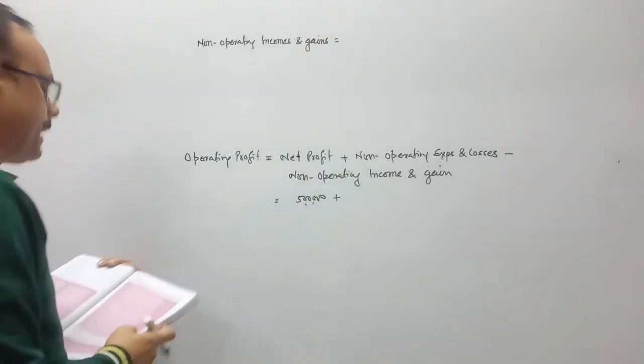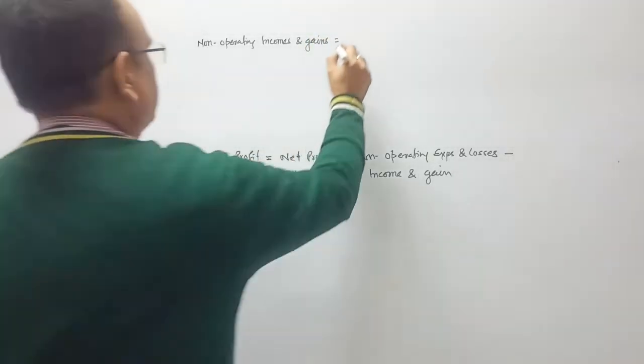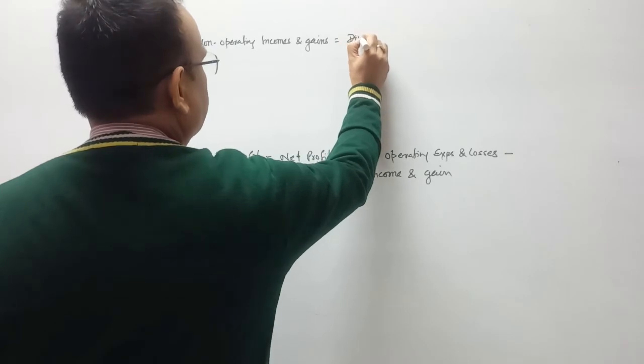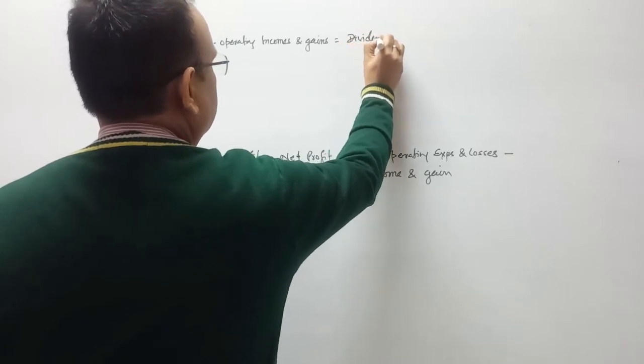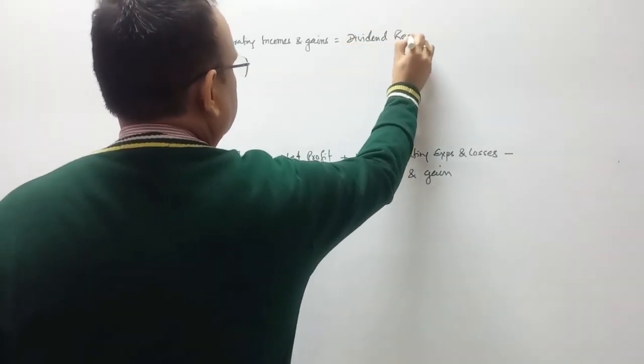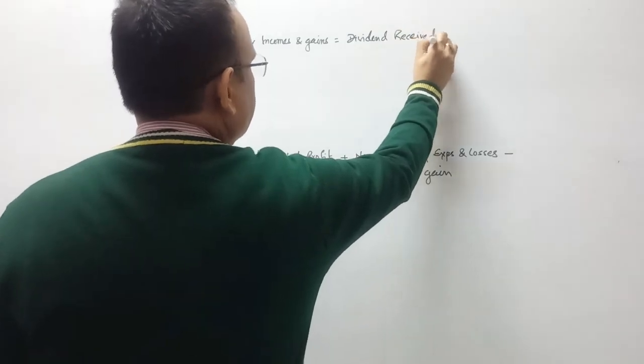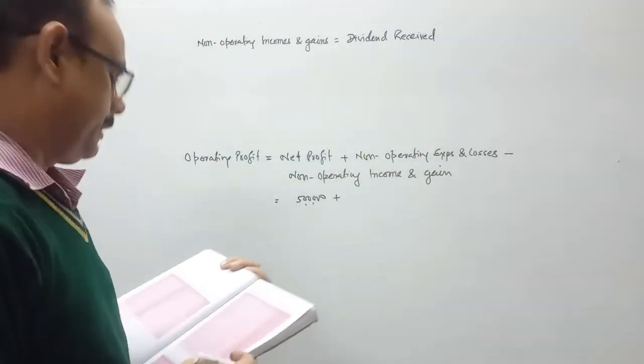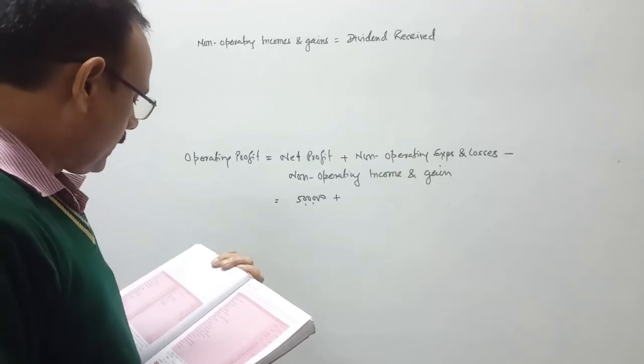Dividend received is a non-operating income. It is not an operating profit.